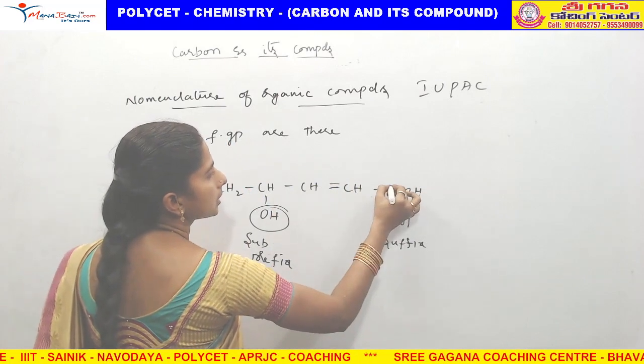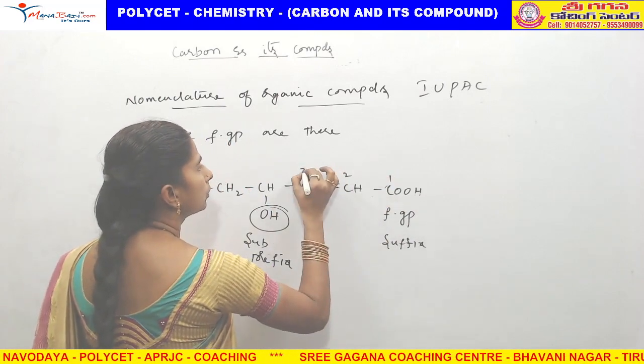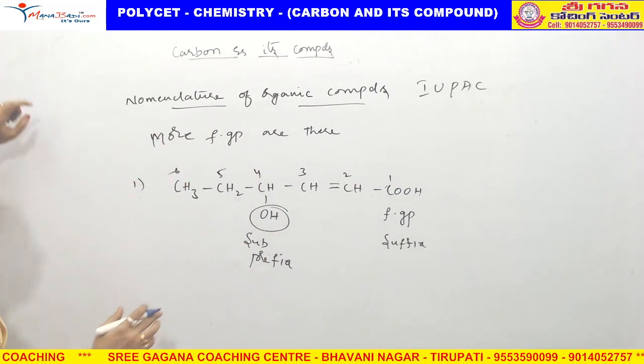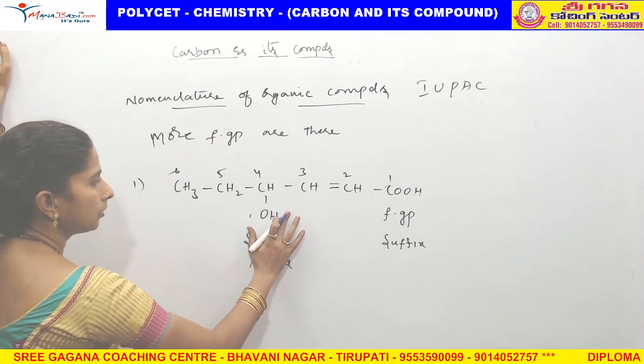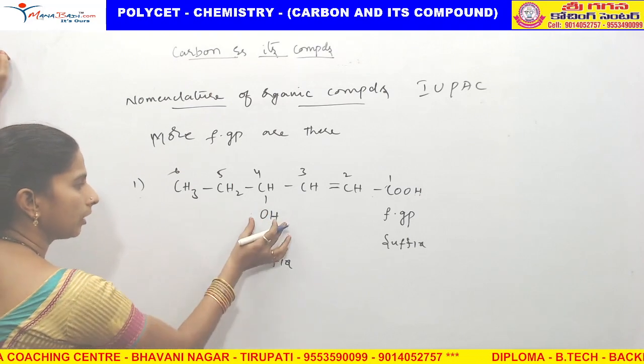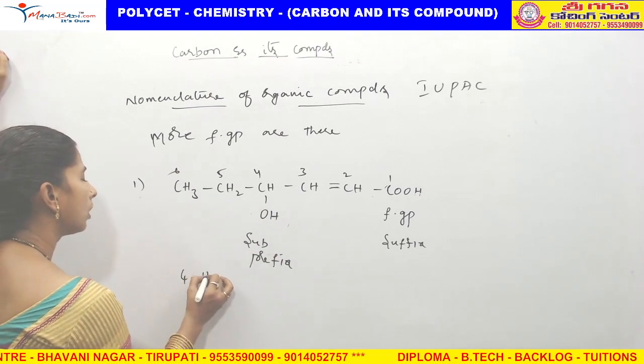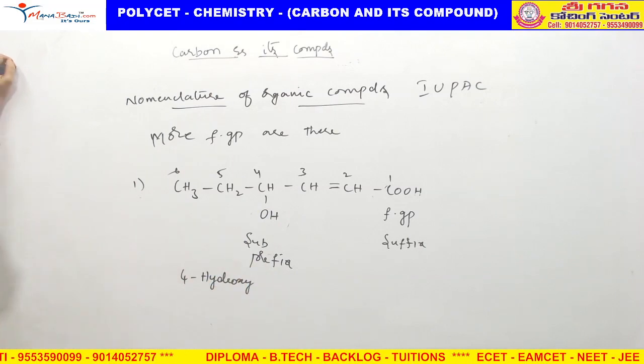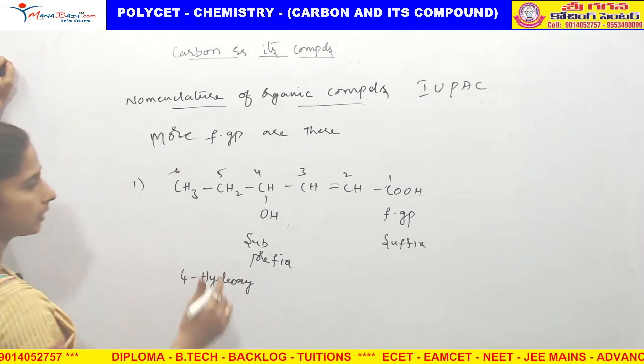So based on the functional group getting less numbering, the numbering starts from here. 1, 2, 3, 4, 5, 6. Right. Now the substituent name has to be written first. What is the substituent name? Hydroxy. So 4-hydroxy. 6 carbons.